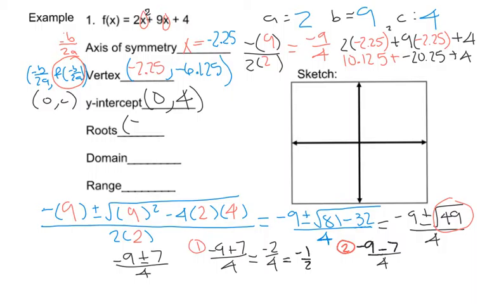So my first root is negative 1/2, comma 0. And let's see what we get for the second one. Negative 9 minus 7 is actually negative 16, divided by 4 is a negative 4. So we get negative 4, 0.